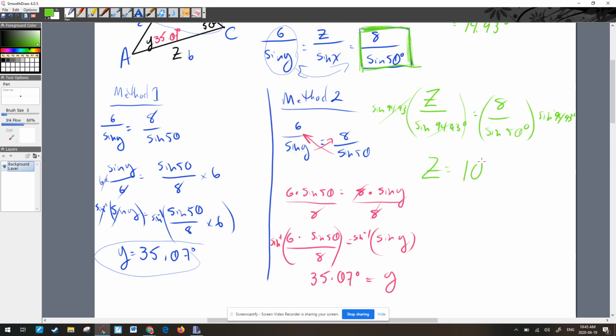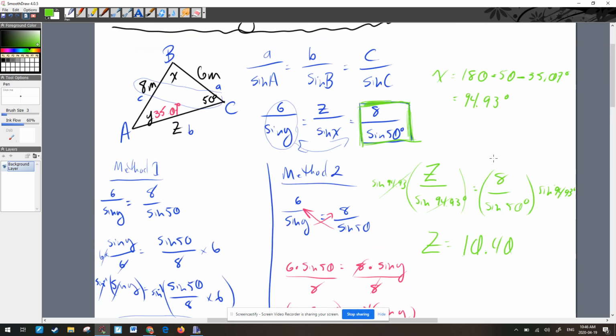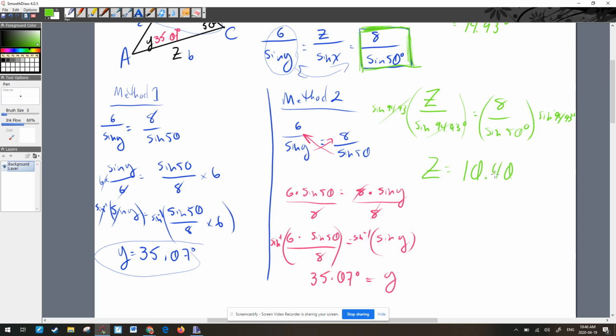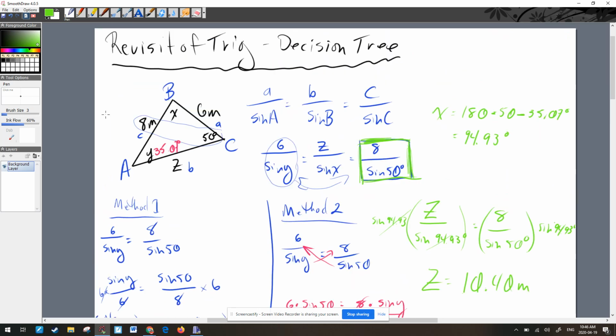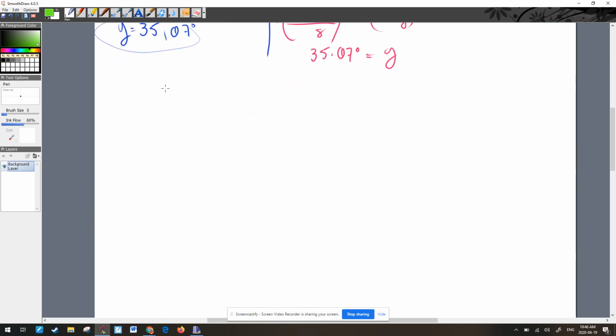So 10.40, or not degrees. Let's get rid of that. So 10.43 or 10.40 and whatever it was, meters. And there we go. So we have just solved that triangle. So as a reminder, when I say solve a triangle, what I want you to do is find all of the unknowns. Okay? So that's awesome. So let's try another one of those.